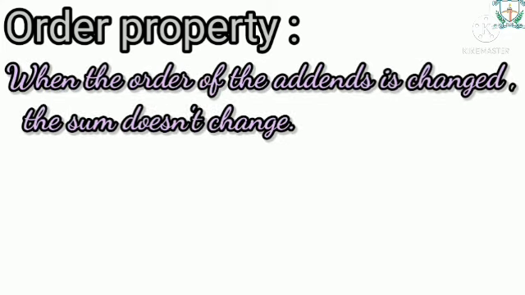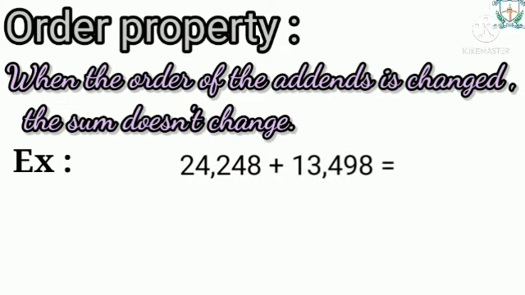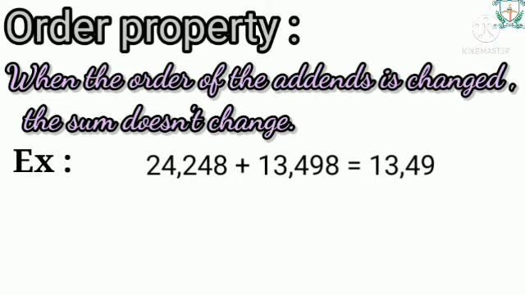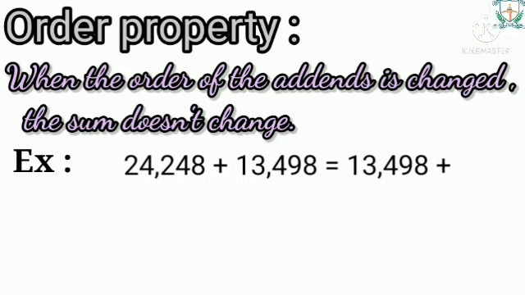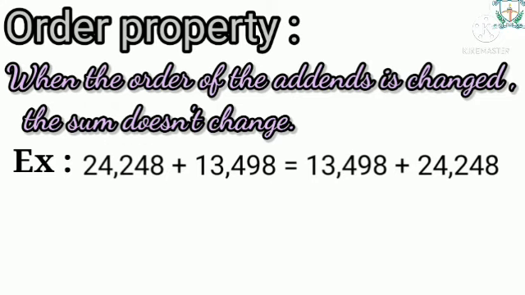Property 1. Order property. When the order of the addends is changed, the sum does not change. For example, 24,248 plus 13,498, which is equal to 13,498 plus 24,248.